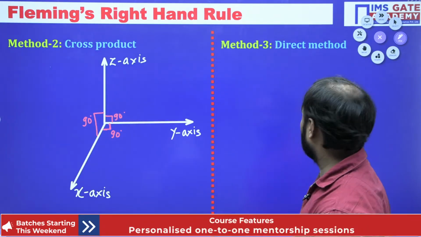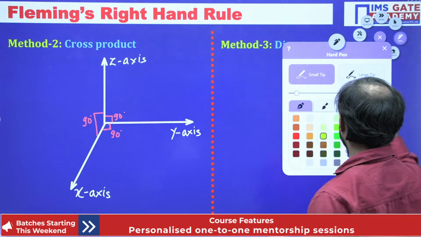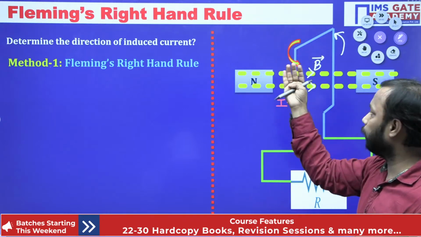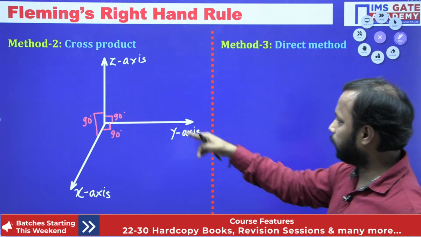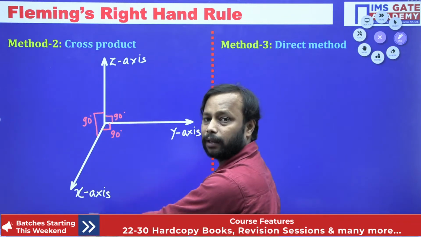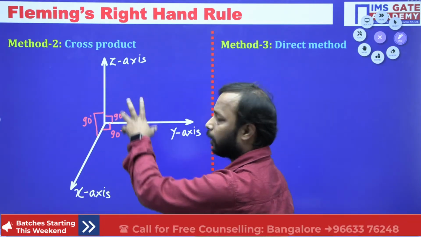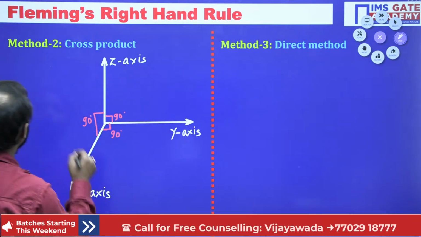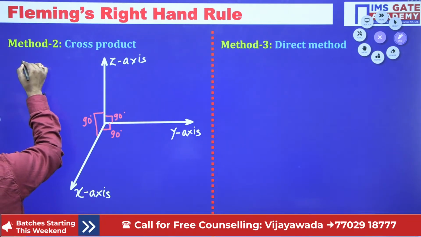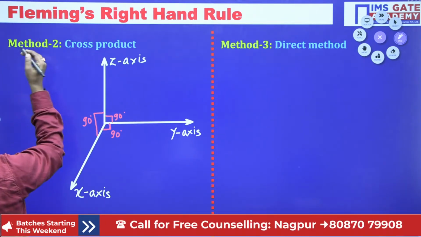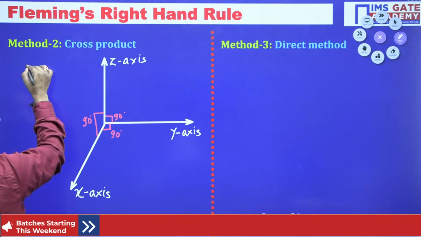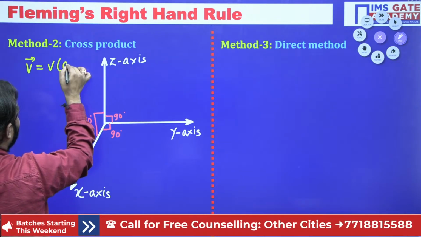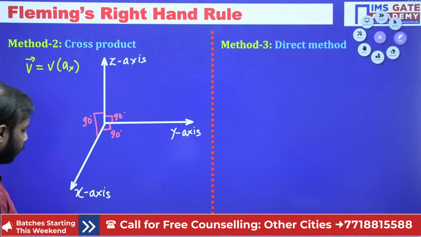Now, what is the direction of velocity here? For this part, it is moving outward, meaning outward of the board. In this axis system, it is represented by the X axis. So the V vector is basically the magnitude of a vector, and the direction here is in the AX direction, which is the X direction.